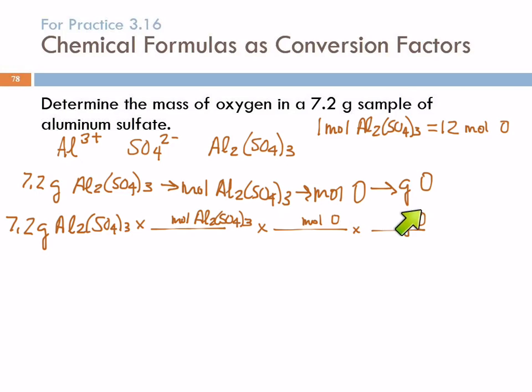The path tells me what units to put on the top. And I put units in the bottom so that the units cancel out and leave me what I want left. Those cancel. And then I've got grams of aluminum sulfate down here.